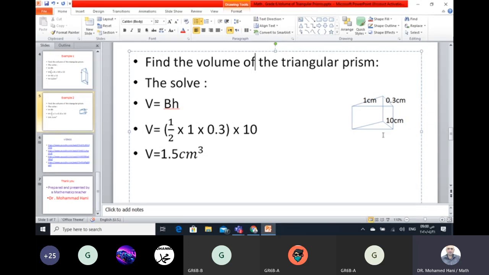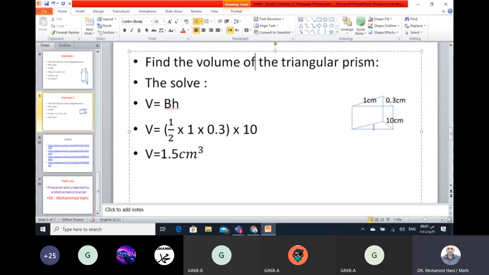Look at the information here. We have the base of the triangle, 0.3 centimeter, and the height of the triangle, 1 centimeter. And we have the height of the triangular prism here, 10 centimeter. How to solve the volume?